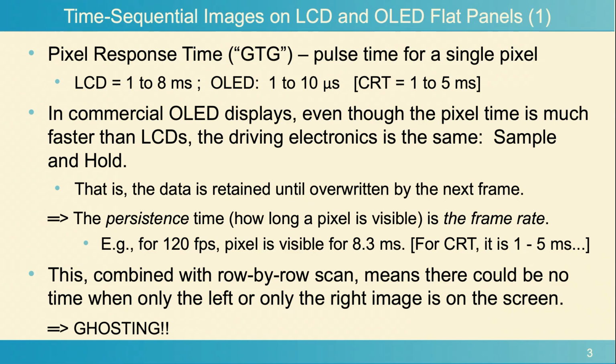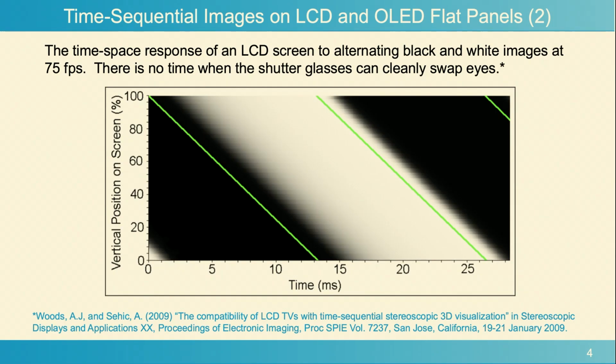This is nicely illustrated in a paper written by Andrew and his colleague. I'm not sure how you say that, Andrew? Sitchik. Okay. They have some nice diagrams in this paper showing the time-space domain.